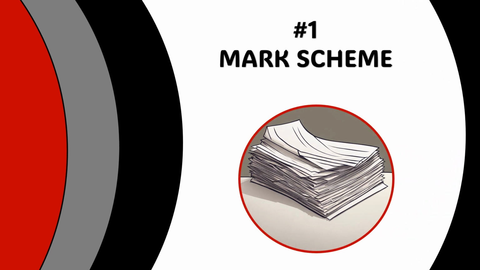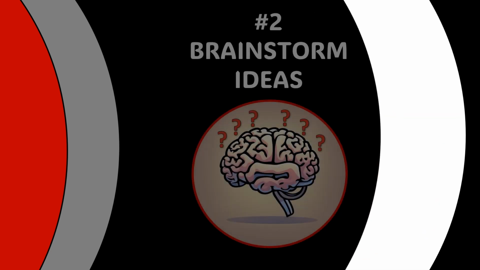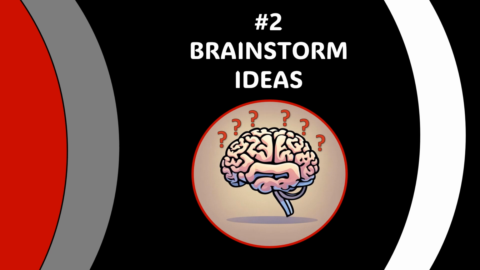The first thing we're going to look at is the mark scheme and what is required of you for this question, which is worth 16 marks in the exam. We are then going to brainstorm ideas about what could potentially come up as the question. Now, the historical environment on Wales is the only topic we know will definitely come up in the exam, but we don't know what the question will be. So by looking at past questions and question stems, we can have a go at guessing the type of question that will come up.